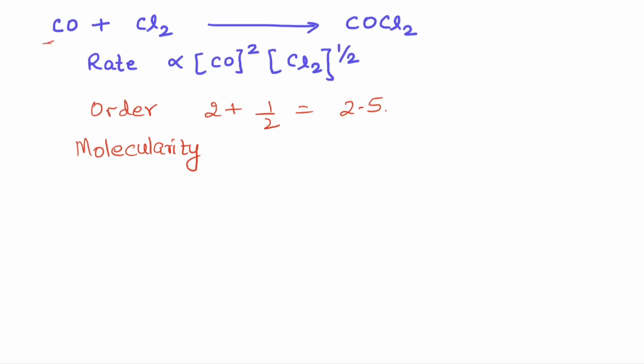Yes, of course, we will do 1 plus 1 giving us 2, because assuming it's a simple reaction, meaning it involves only one step, where carbon monoxide and chlorine molecule collide with each other and combine to give us carbonyl chloride or phosgene, right?